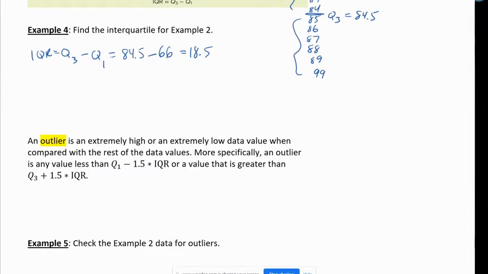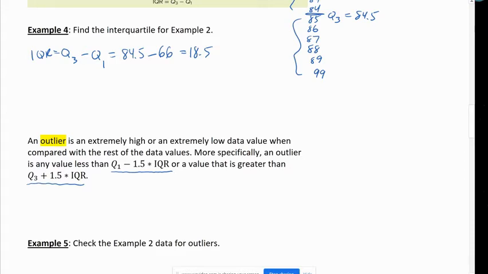Okay, an outlier is typically an extremely high or extremely low value compared to the rest of the data. And so the way we calculate that is we do Q1 minus 1.5 times the IQR, and we also do Q3 plus 1.5 times the IQR.